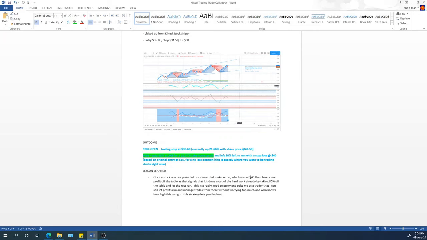Who knows where this is going to go to, but I don't really care, because if I get out, I'm still taking profit. So that's a really good one to share with you guys in terms of strategy as well, what to do when you're up. Have a look at if you're near any resistance levels, take some profit off the table, let the rest run. So all good there.